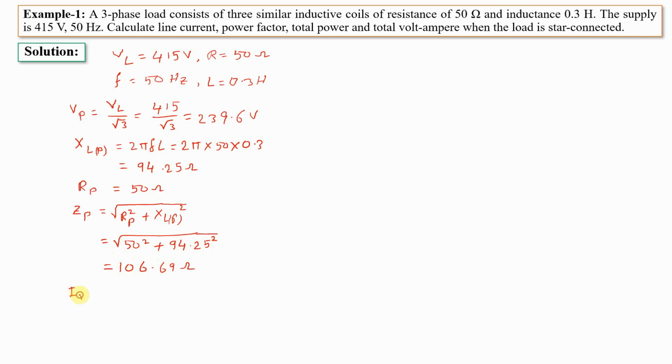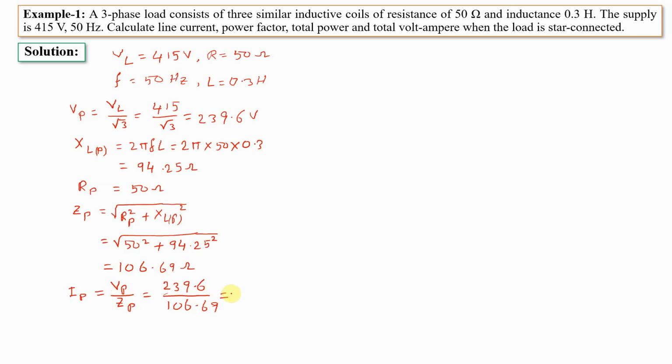The phase current is the phase voltage upon the phase impedance, where the phase voltage is 239.6 and the phase impedance is 106.69.